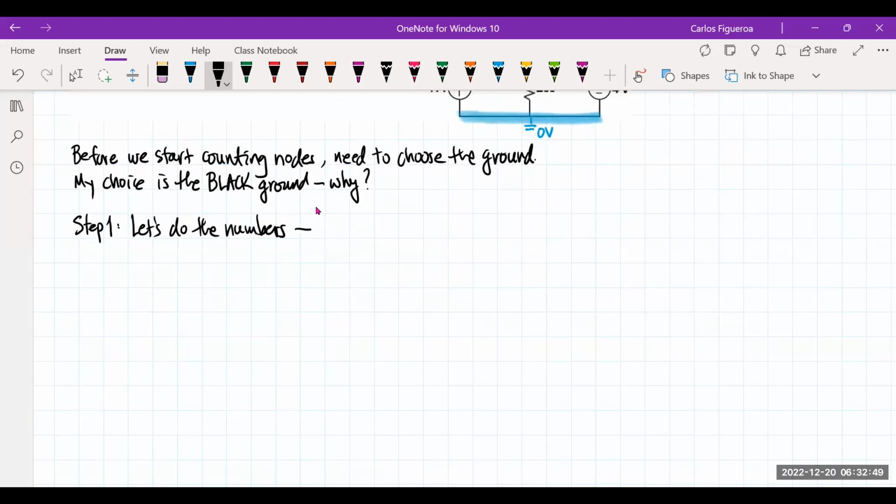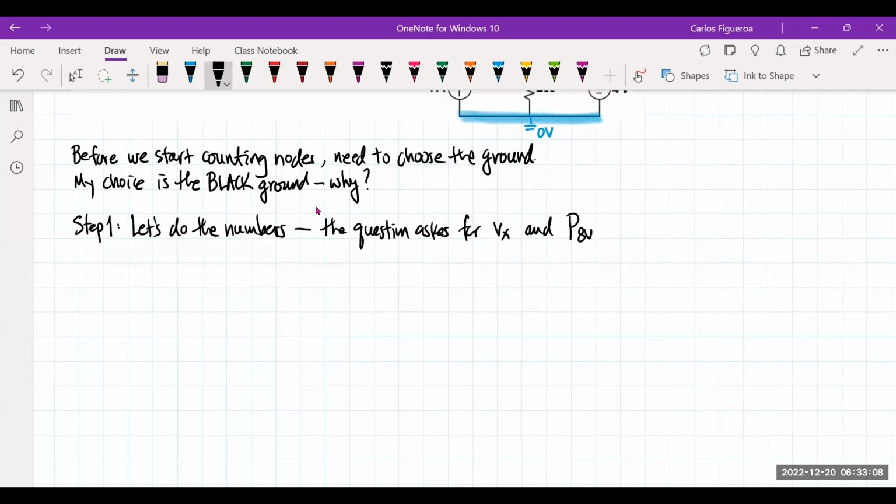And so when I go do the numbers, what I'm really asking is that the question asks for Vx and the power of the 8-volt source.